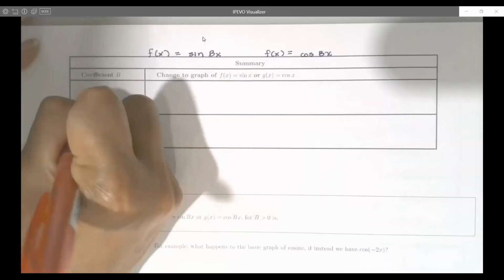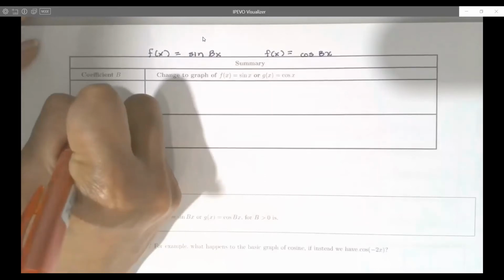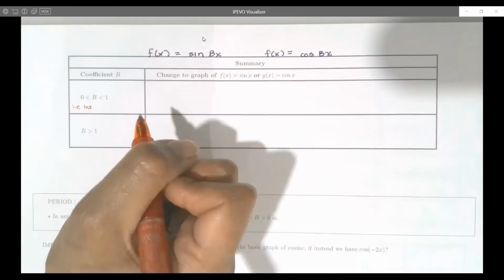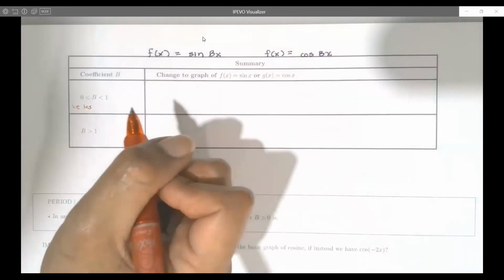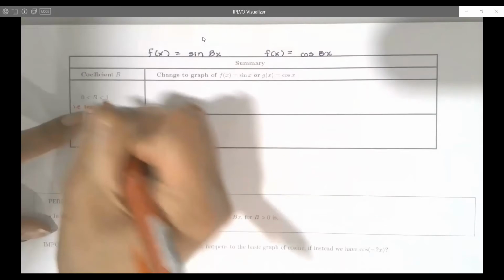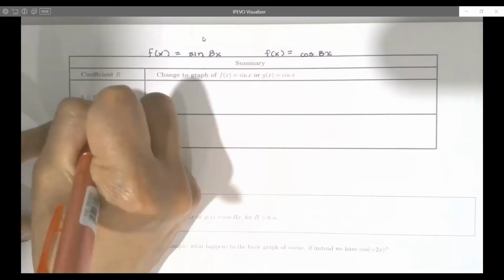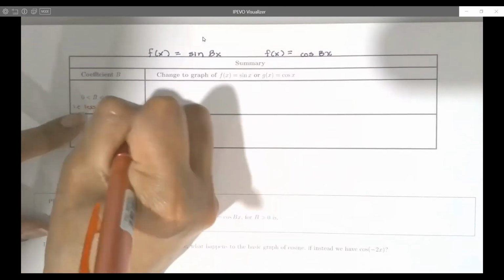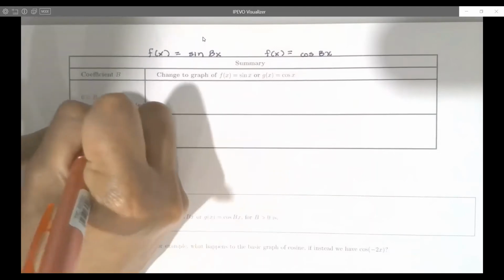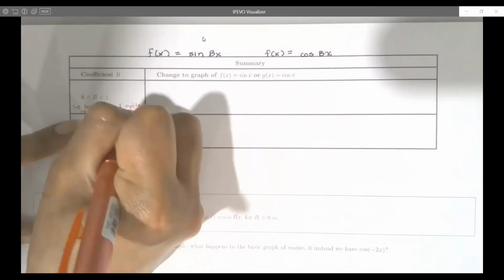You'll complete it in less cycles, or? Well, it's actually kind of tricky because it would seem that way, but let me just write it in words what this is saying. So this is less than 1 cycle completed in 2 pi radians.